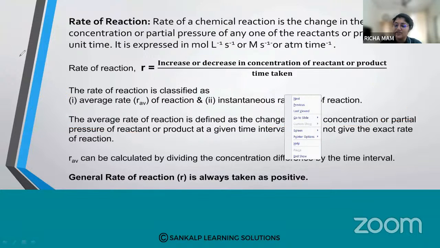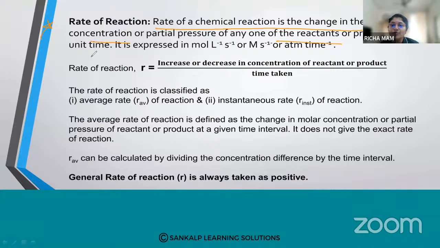So what is average rate? Remember what all things are to be remembered. What is rate of the reaction? Rate of chemical reaction is a change in concentration of the products or reactant per unit time. The units are important.